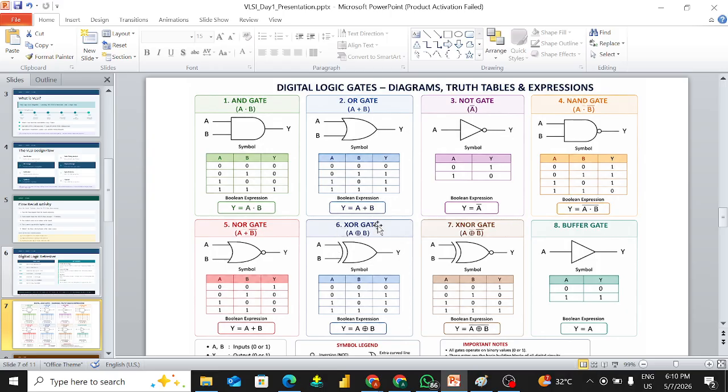It is completely opposite to the XOR gate. What does completely opposite mean? Let me give an example on a final year project. For the XOR gate, I gave one final year project example, but it is more suitable for the XNOR gate.